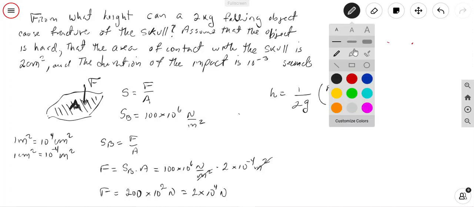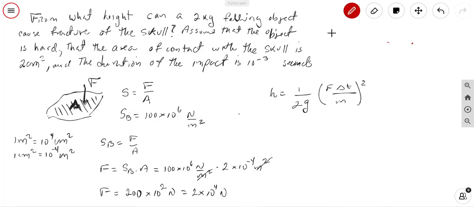If we make a dimensional analysis, we have 1 over gravity, in meters per second squared, times the force in newtons, times the time in seconds, over the mass in kilograms, all this squared. Flipping this 1 over meter per second squared, we get seconds squared over meter.